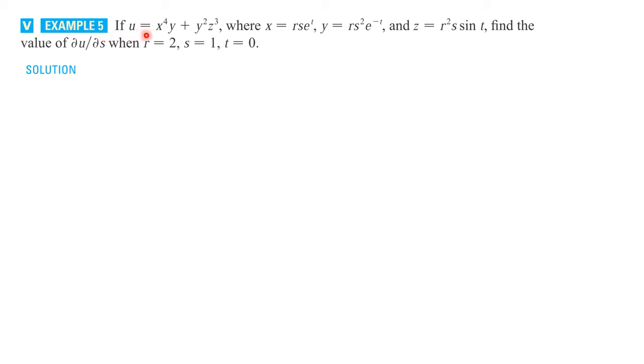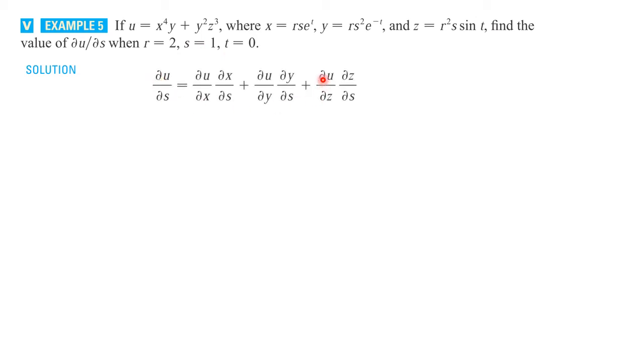Example: if u is equal to x to the power 4 y plus y square z cube, where x is equal to r s e to the power t, y is equal to r s square e to the power minus t, and z is equal to r square s sine t, find the value of partial u over partial s when r is 2, s is 1, and t is 0.